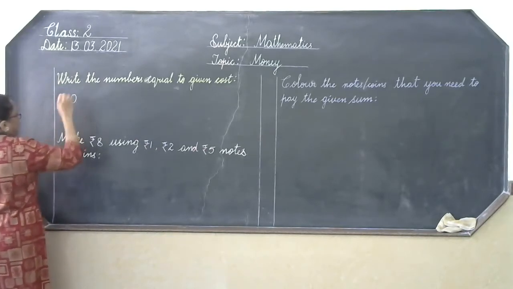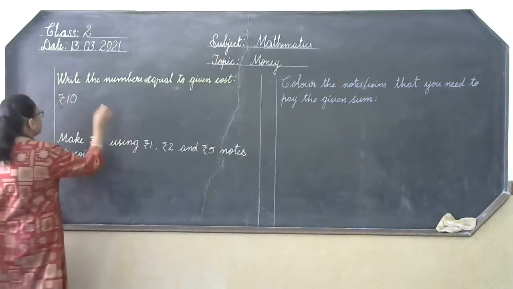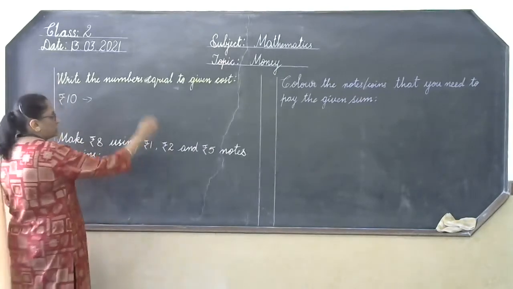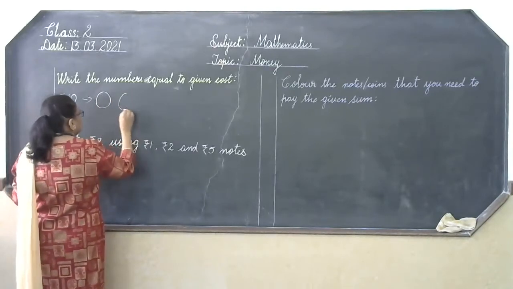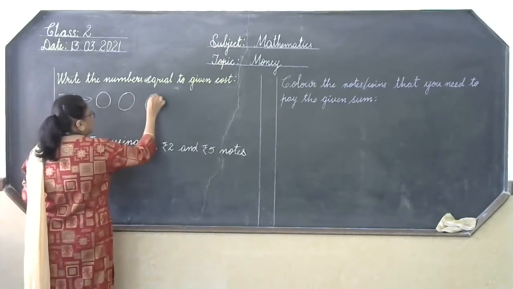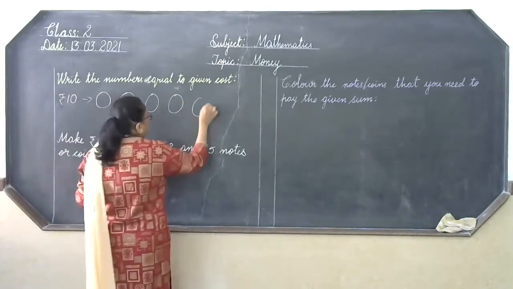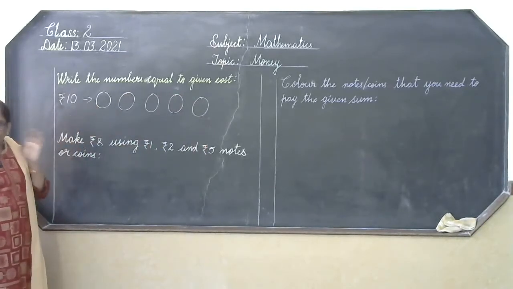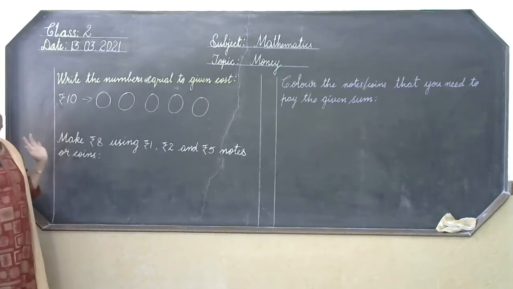Rupees 10 is given. And I will ask you to pick 4 coins, or 5 coins, children. I'll ask you to pick 5 coins here. You should pick and give me 5 coins of equal value, and it should total 10 rupees.